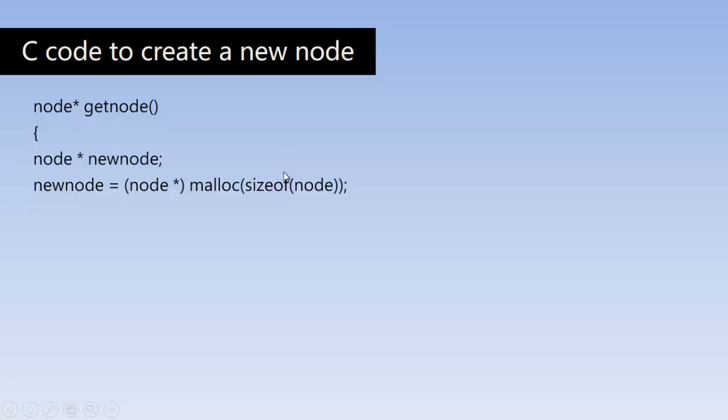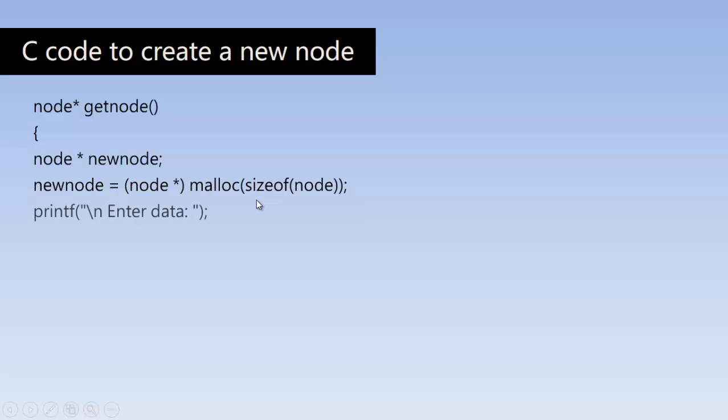It has been created, and it will return the address of that newly created node to newNode. So now newNode has got the address of the newly created node. Node is representing the structure, and to hold the address of that structure, the pointer must also be of type node, right?